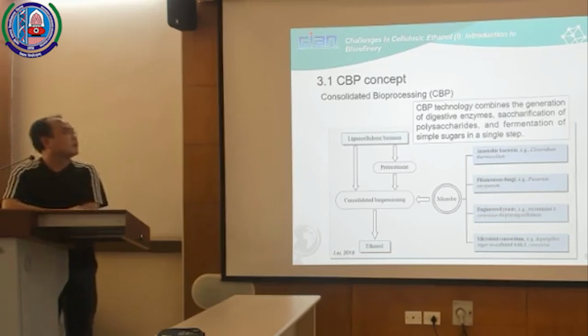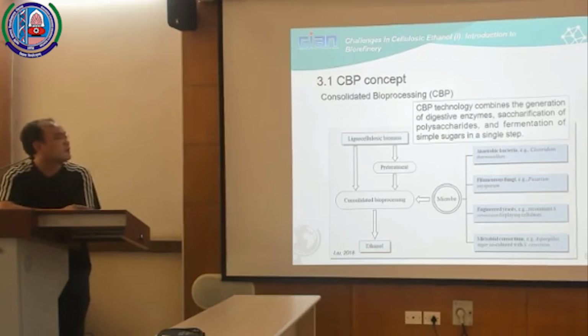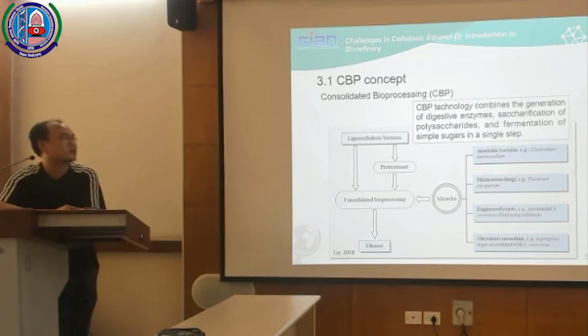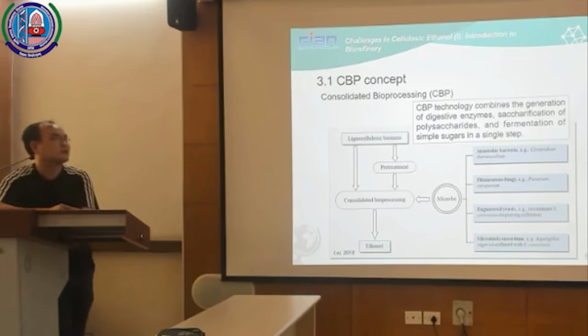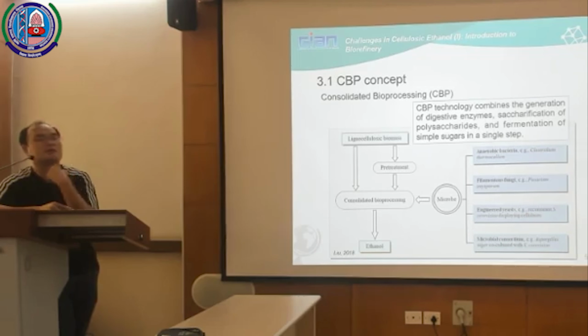Now let me introduce the CBP concept. CBP means consolidated bioprocessing. This technology combines the generation of digestive cellulase, xylanase, and other hydrolytic enzymes, the saccharification of polysaccharides, and the fermentation of simple sugars into a single step.